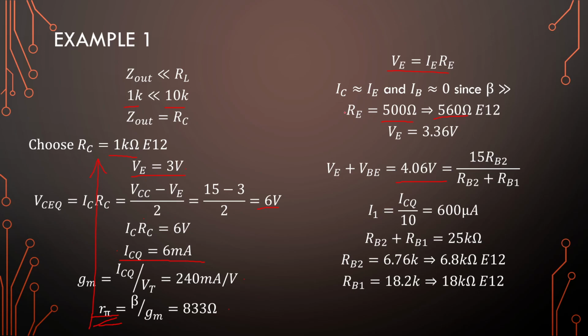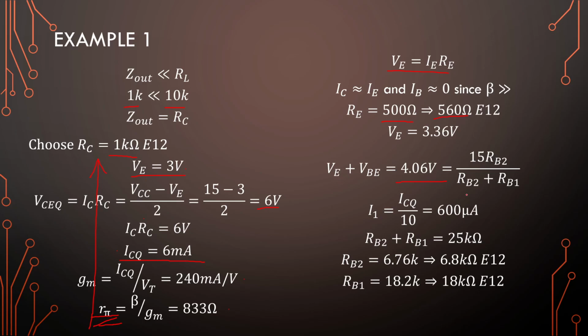Choosing this resistor lower will increase the current, and choosing it higher will decrease the current. Anyways, knowing that this one is responsible for the bias will help you with your choices.